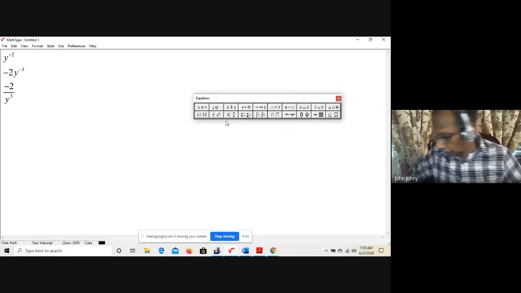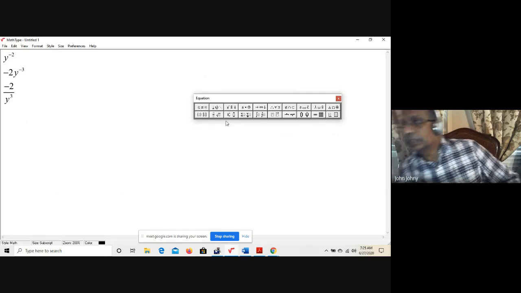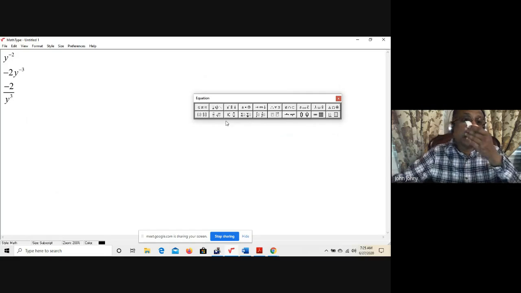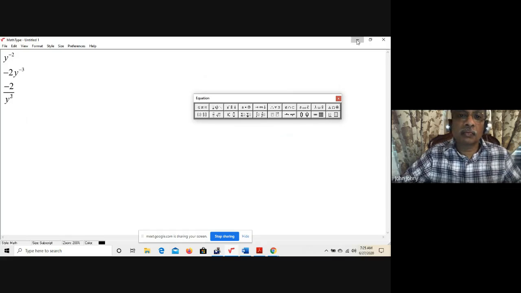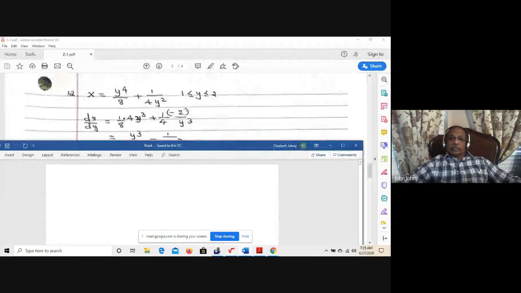So that is the derivative of y to the negative 2, or 1 over y square.